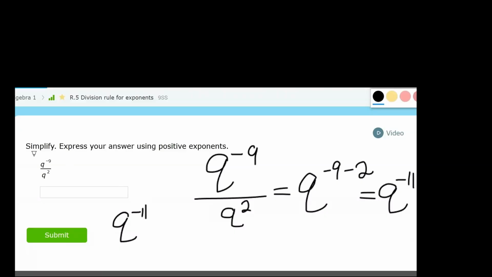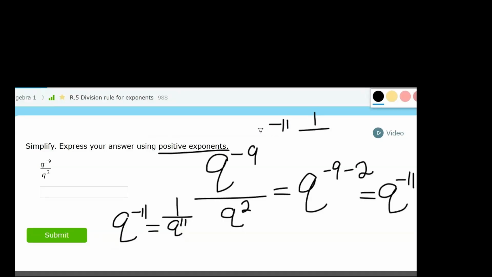But wait, if you read the question, always read the question. Simplify. Express your answer using positive exponents. So we're going to remove that negative. Imagine it's positive, and then we're going to write it as a fraction. 1 over q to the 11th. Okay. Another way to think about this is, if you have a negative exponent, you can imagine it tilting up into a 1 up here, 1 over.